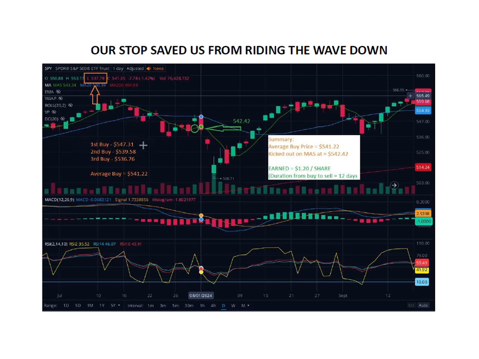So our first buy, 547.31. Our second buy, 539.58. Our third buy, 537.76. So if I got 1 share of each, I add them up, divide by 3, I get my average buy of 541.22. So that's what I need to have made at least to break even.